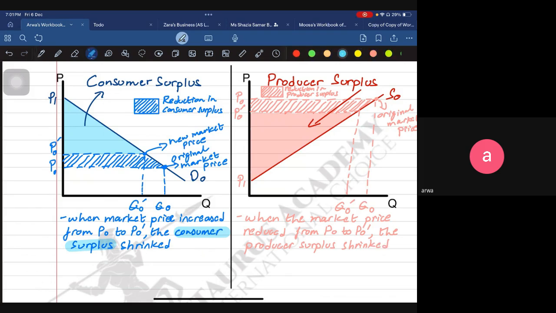So these explanations are always very important because this information gives clarity to your answer.